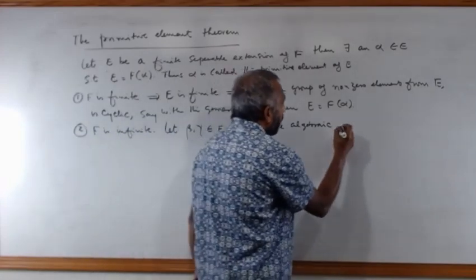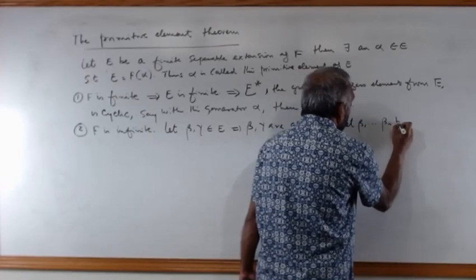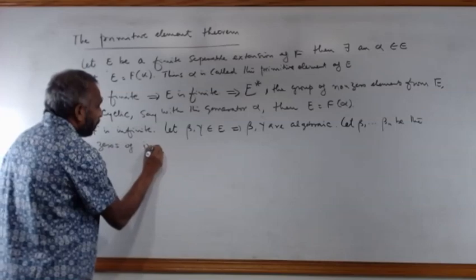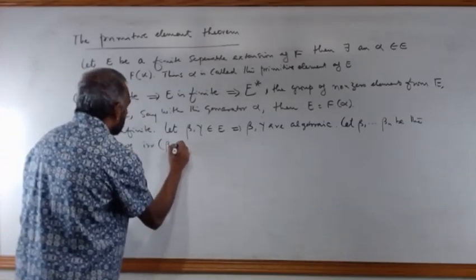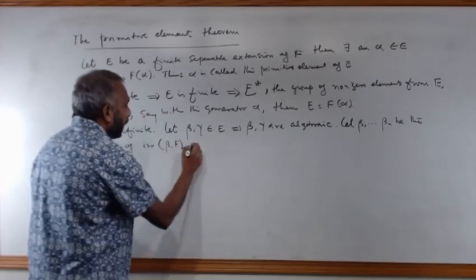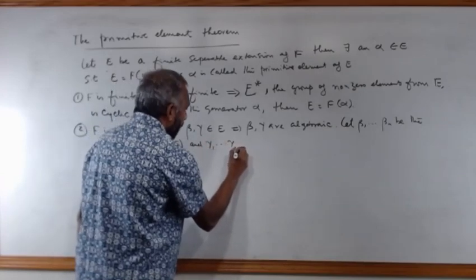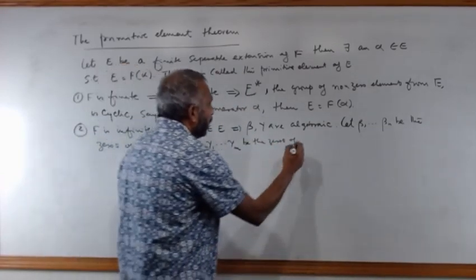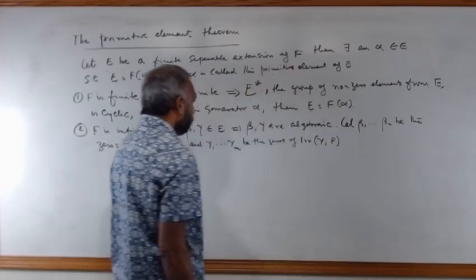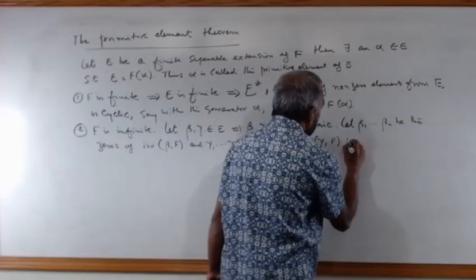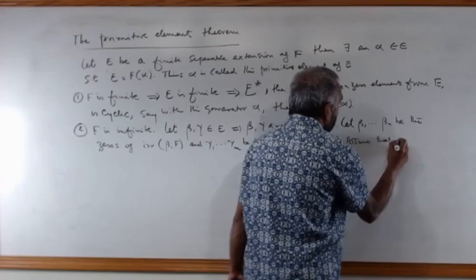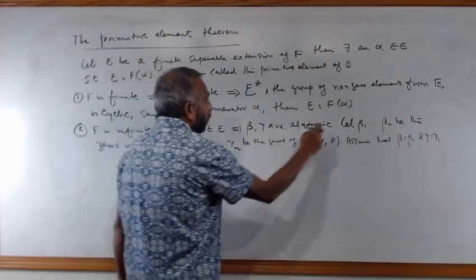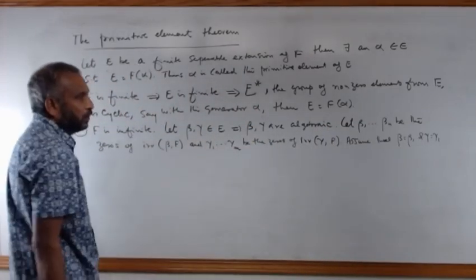So we'll assume that beta 1 through beta n are the zeros of the irreducible polynomial of beta over F, and gamma 1 through gamma m are the zeros of the irreducible polynomial of gamma over F. And assume that beta is equal to beta 1 and gamma is equal to gamma 1, because beta is one of these n values and gamma is one of these m values. So we are assuming that there.